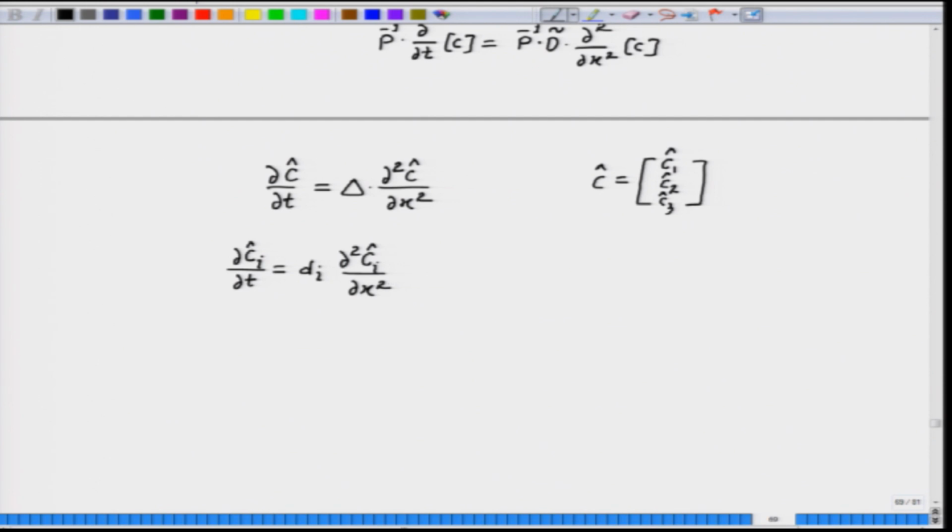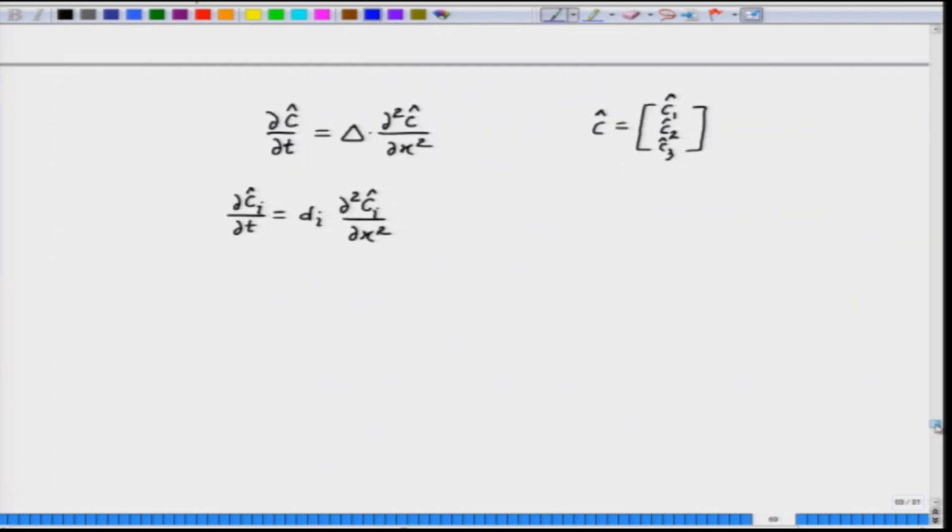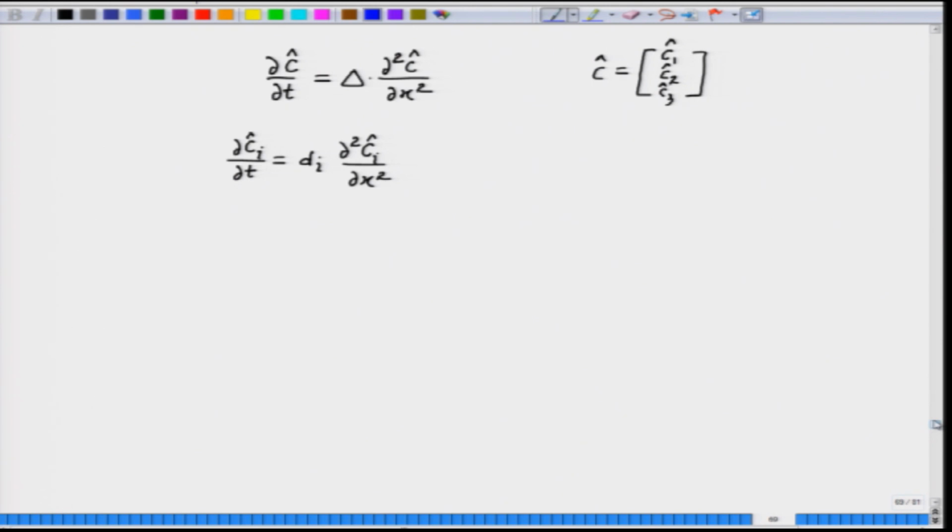So, we have now obtained a decoupled partial differential equation, right. Which looks now easier to solve, right. But we also need to look at the initial and boundary conditions now, right. So, the way we defined the initial and boundary conditions.